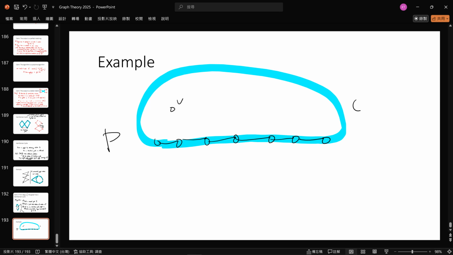The hint is that when the minimum degree is at least n over 2, the graph must be connected. So we know that this is a connected graph. So if this is a connected graph, then how to find a longer path?